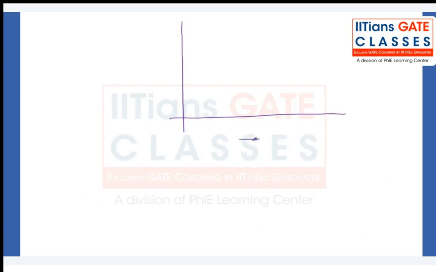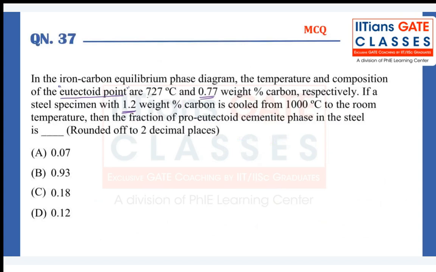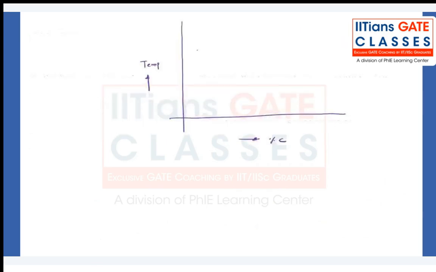This is the percentage of carbon, and here it is temperature. All right. Now here what they are telling, at 727 degrees centigrade, 0.77 percentage is the eutectoid point, right? As per our discussion, only one part I'm going to draw.